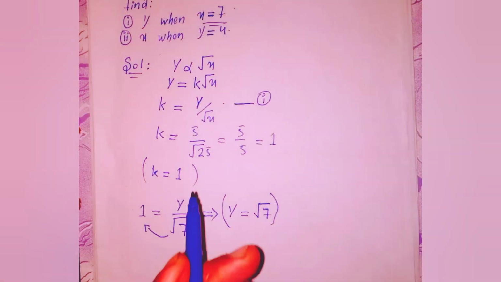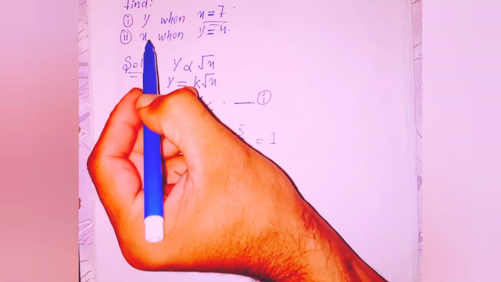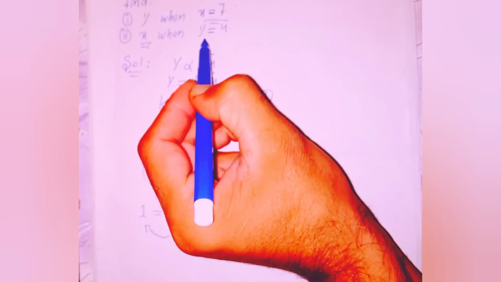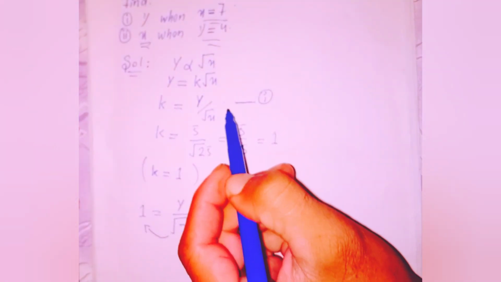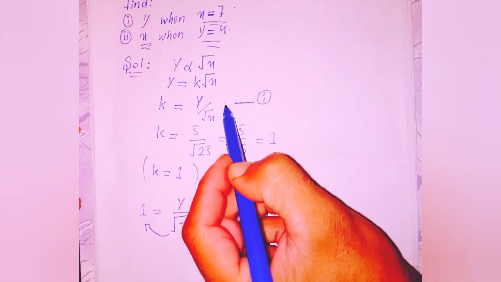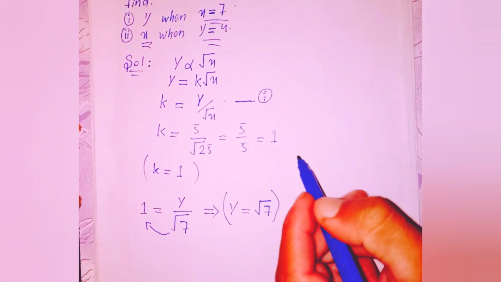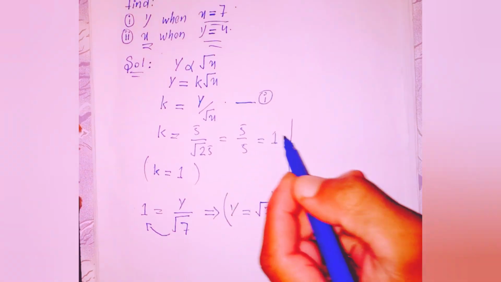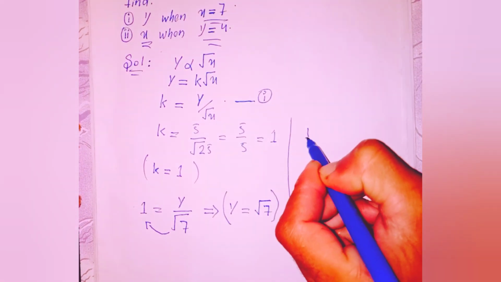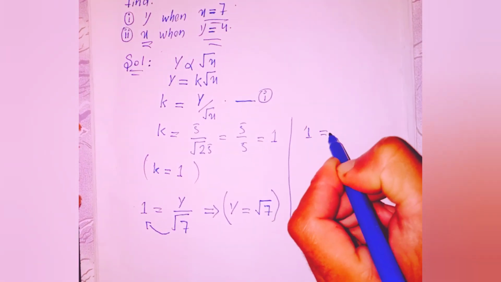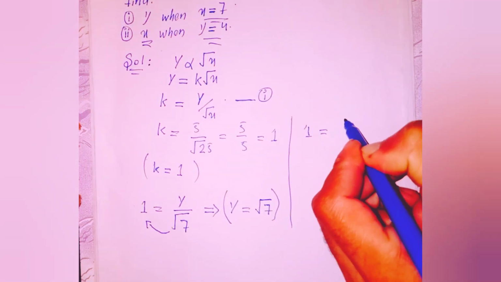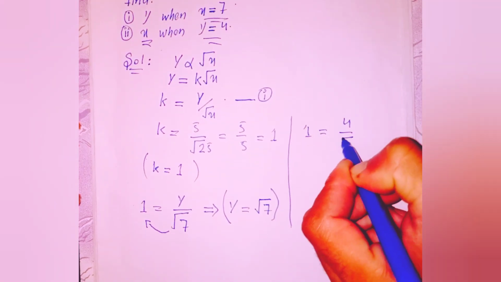Now if we want to find out the value of x by putting the value of y is equal to 4 in equation number 1, so here we can put k is 1, which is equal to 4 divided by √x.